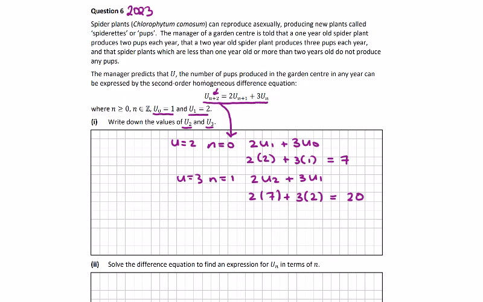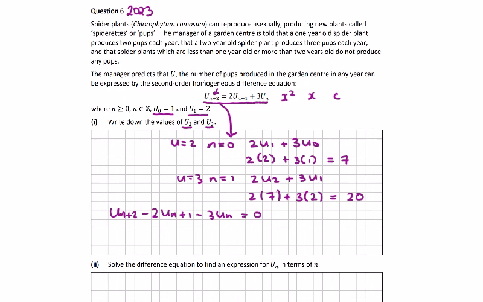Then we're asked to solve the difference equation. So let's solve it. We think about it in terms of x squared, x and a number. We've got un plus 2 minus 2 un plus 1, and then minus 3 times un will be equal to 0.